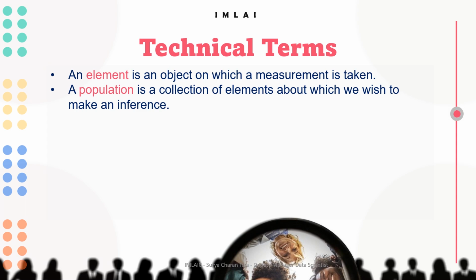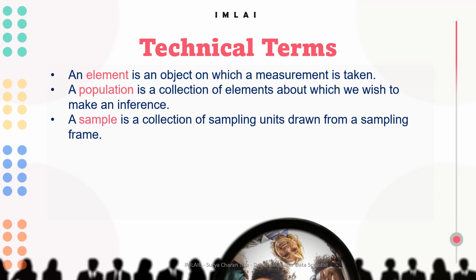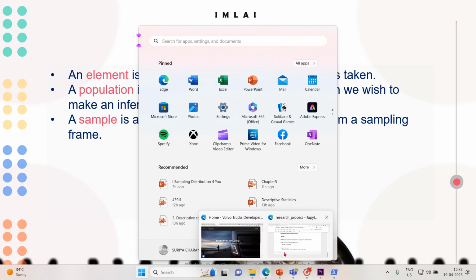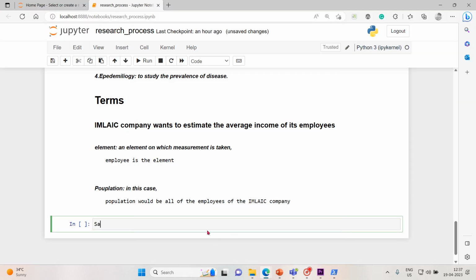Now let's move on. Next we have a sample. Obviously, when you have an element and a population, what's next? You need to do some statistics, you need to draw some inferences. Then the sample comes into the picture. A sample is a collection of sampling units drawn from a sampling frame. This is too complicated a definition, so I'll give you a much simpler one.